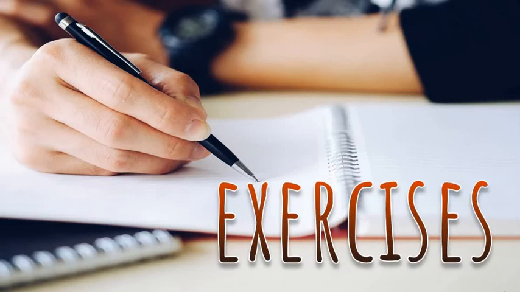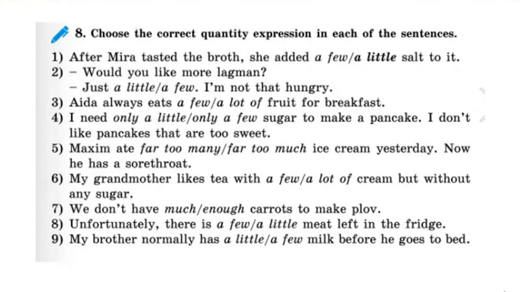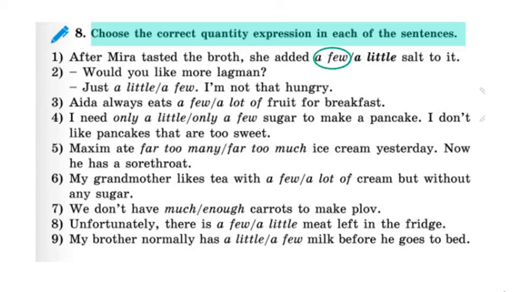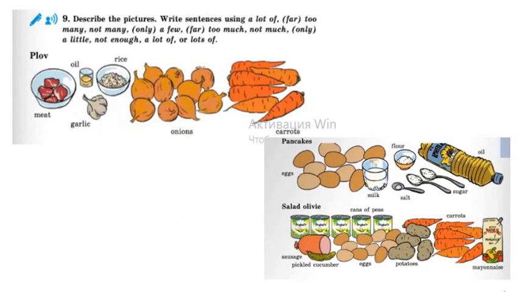Now, let's do exercises about the theme of the lesson. Exercise 8. In this exercise, you choose the correct quantity expression in each sentence. You should choose when we use a few or a little. Exercise 9.